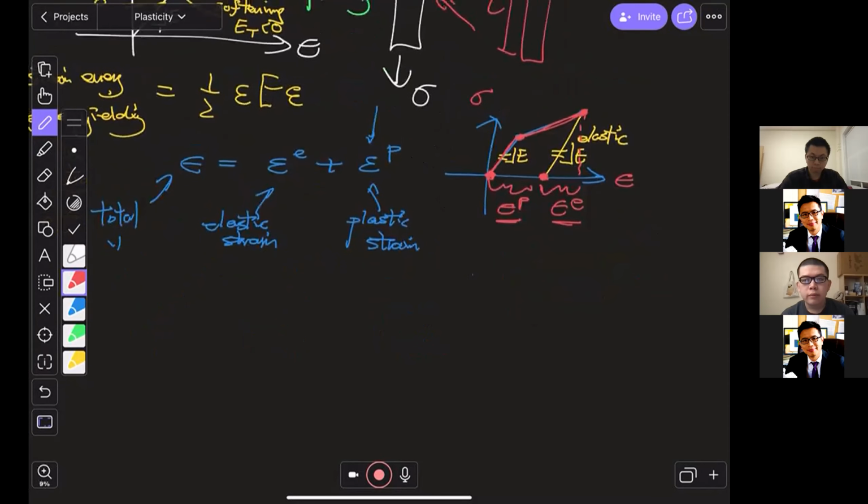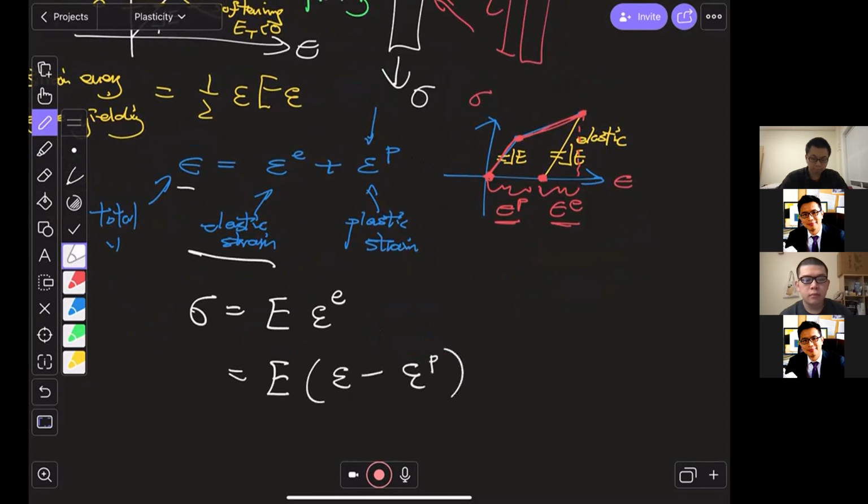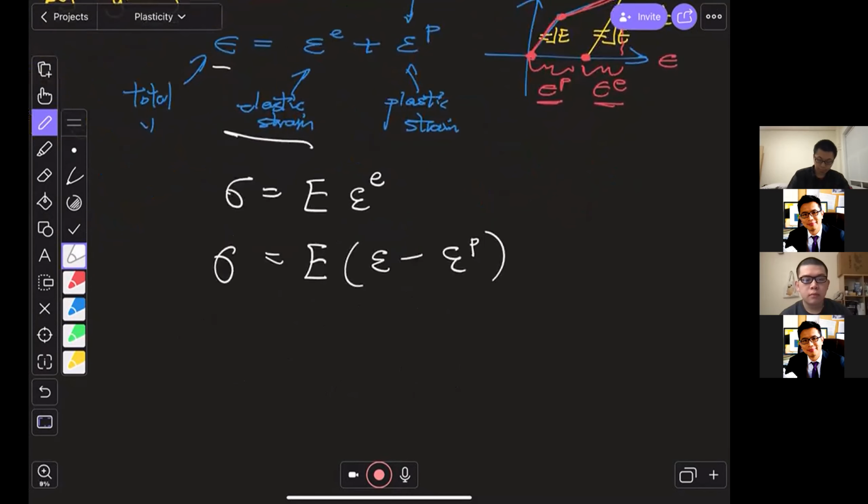So why do we need that? Because with that partition, the stress comes from the elastic part, which means that the stress would be equal to the 1D modulus times the elastic strain, which equals the total strain minus the plastic strain part. So far so good.